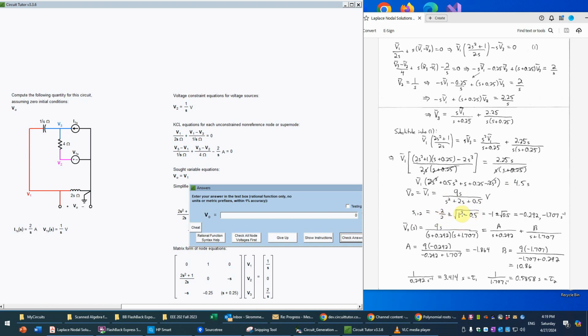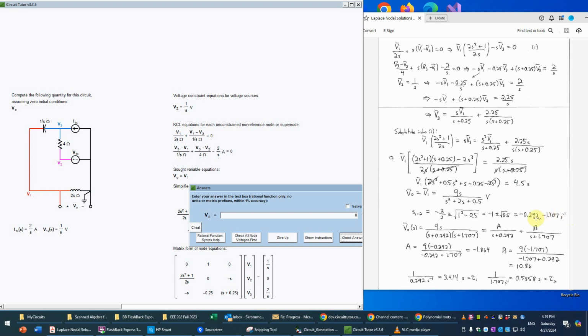Negative 1 squared is the same as 1 squared, the sign doesn't matter because we're squaring, and subtract the 0.5. Simplifying, that's just negative 1 plus or minus the square root of a half. Working that out on a calculator, that's minus 0.292 and minus 1.707 inverse seconds. The inverse seconds is just a unit. Remember that because it's e to the st, s always has units of inverse seconds.